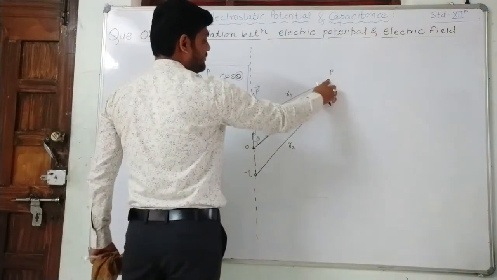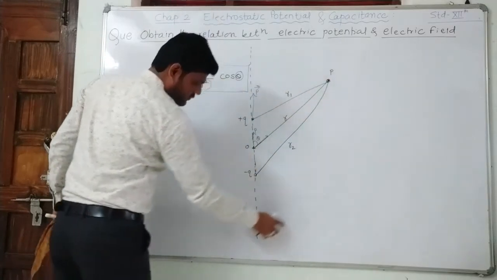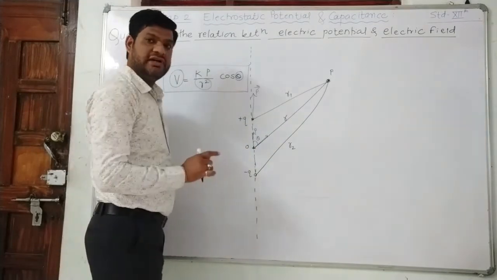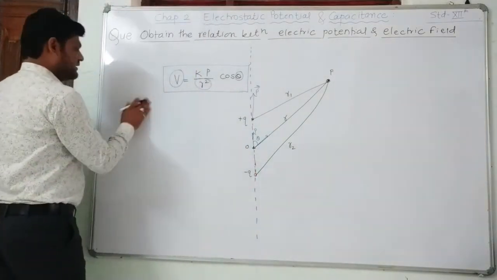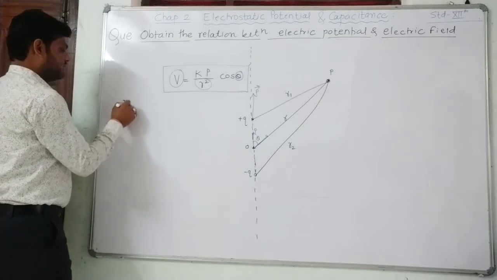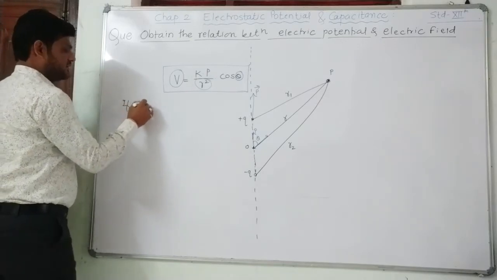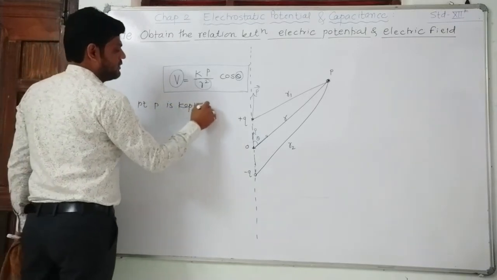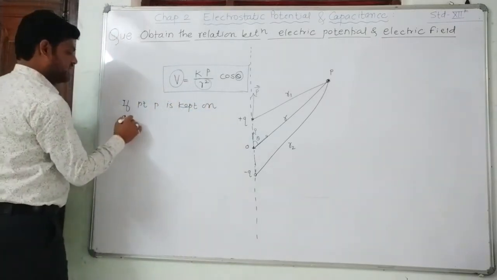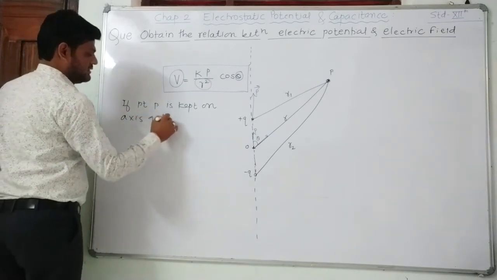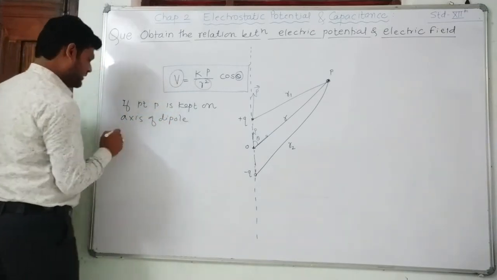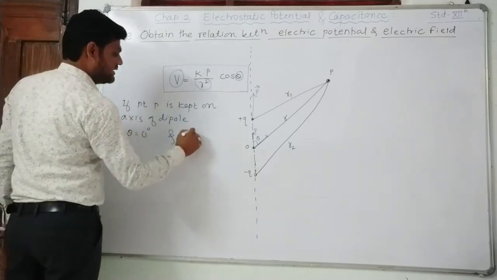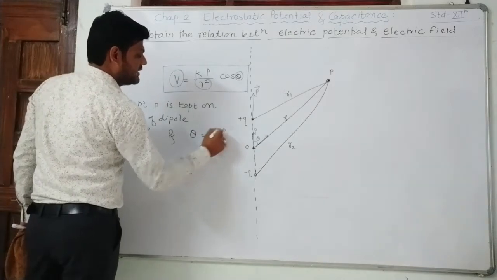Or if we put the point P over here, the angle becomes 180. So we will write the cases if point P is kept on the axis of the dipole. Two cases may be there: theta will be 0 degree and theta will be 180.